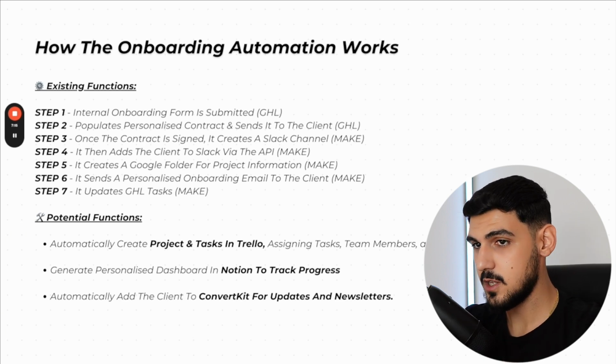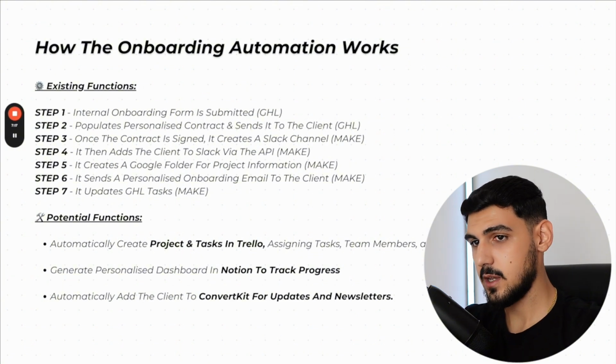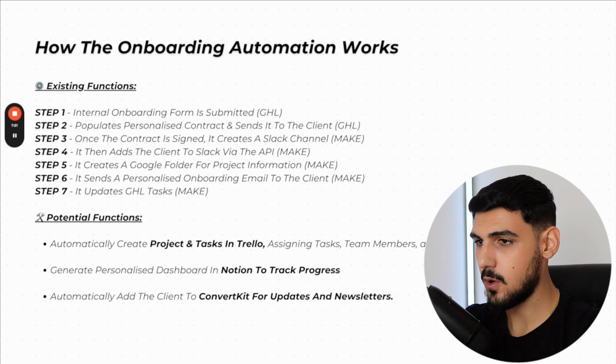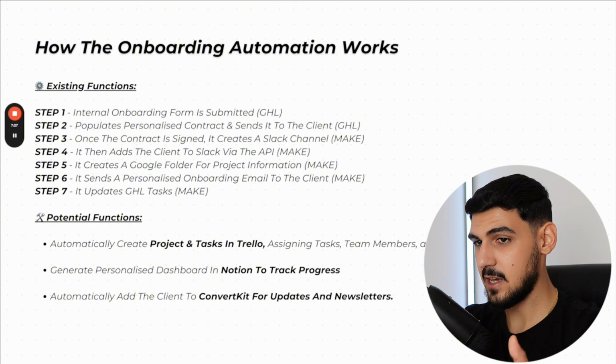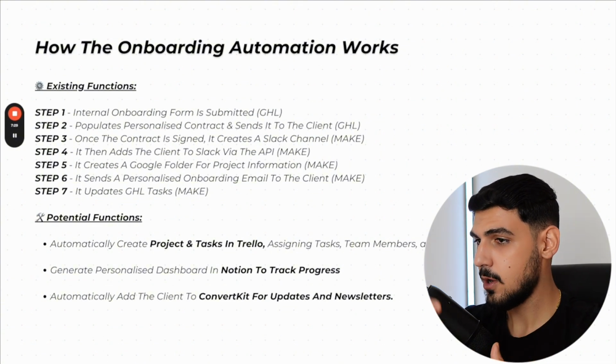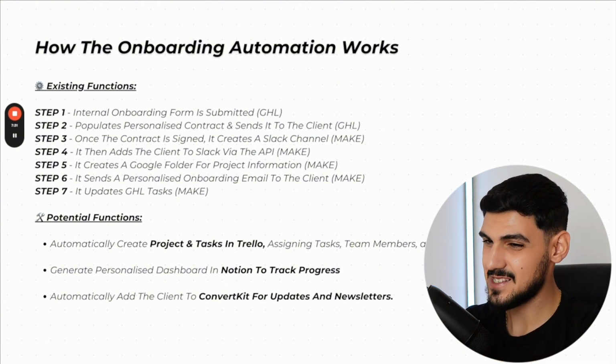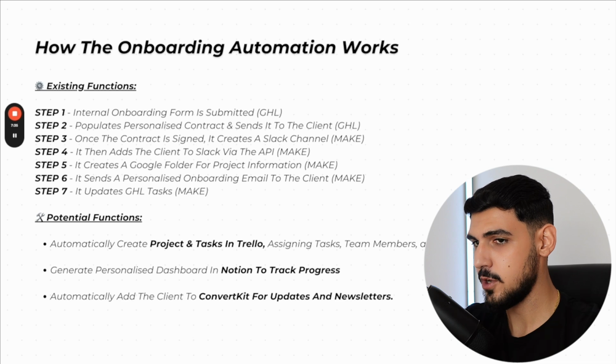Now, if you want to add more things to it, you can definitely do that. You can automatically create projects and tasks in Trello or Asana or Monday.com, and you can assign tasks to team members and deadlines and whatever. And that way you get your entire team onboarded on that project at the same time, so everything happens synchronously.